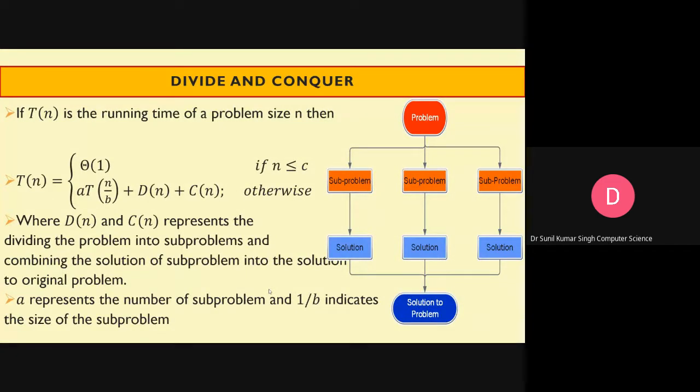Already we have discussed the components used in the divide and conquer approach. If we incorporate the contribution of these three components in the recurrence relation, we can see it like this. Let T(n) be the running time of a problem of size n, so n indicates the input size or the size of the problem.